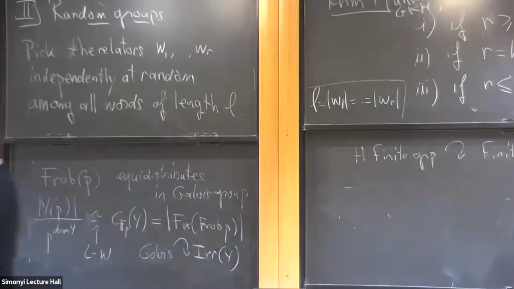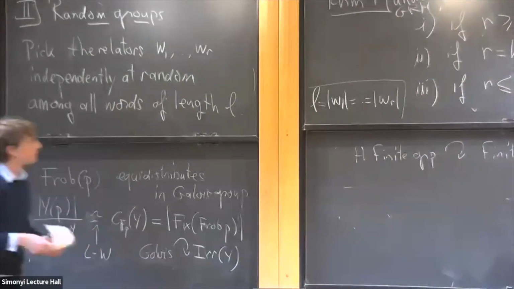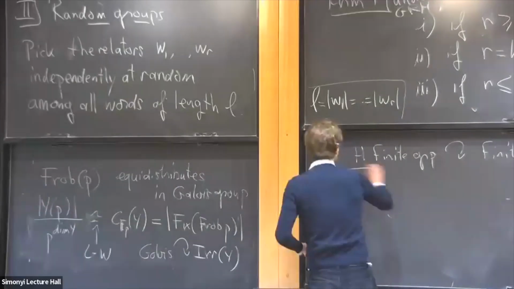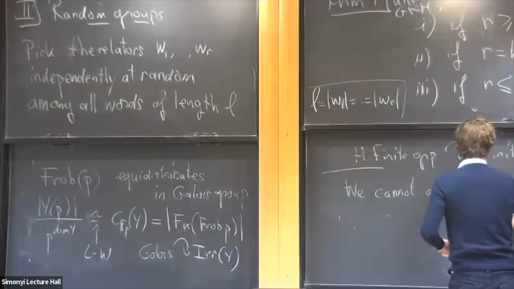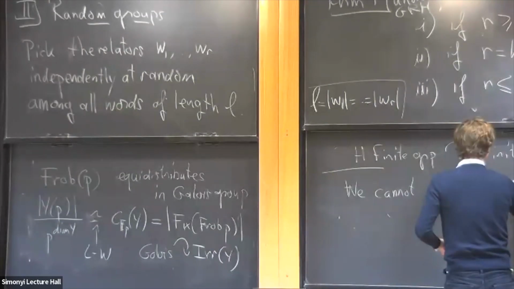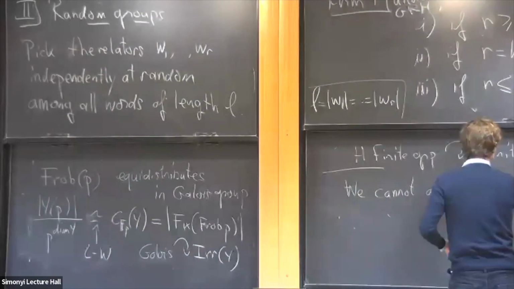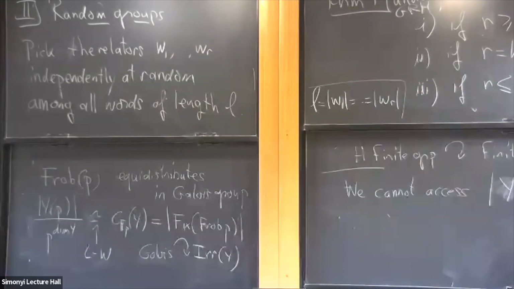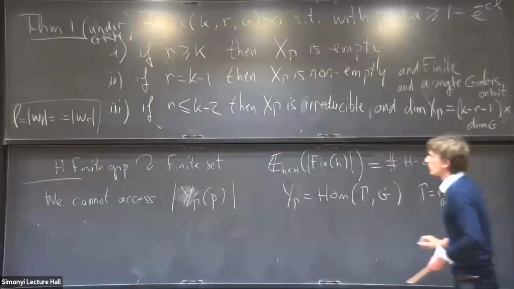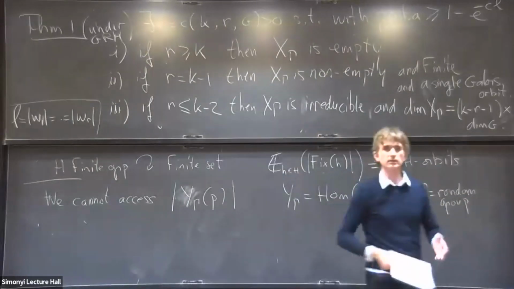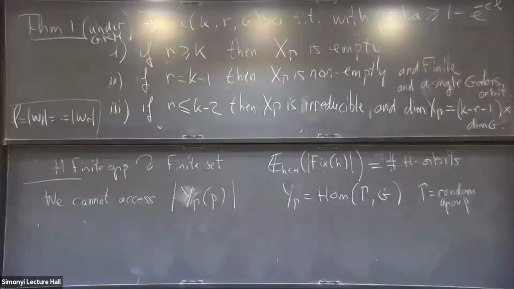And okay, so as I said, even though we don't have a Frobenius formula, we cannot access directly the number of points of my, let me call it Y gamma, where Y gamma is the representation variety of my random group gamma in G. Okay, we don't have a formula for this because the words involving the definition of the presentation are complicated.